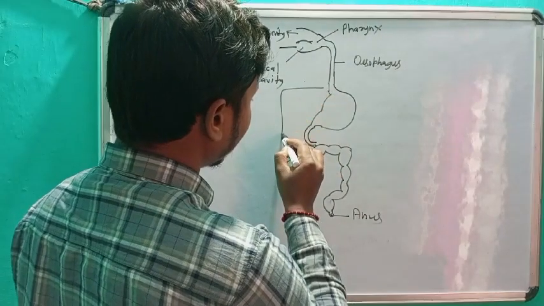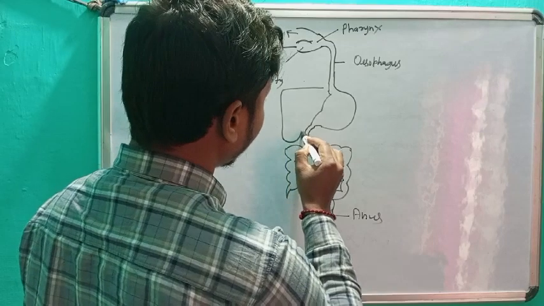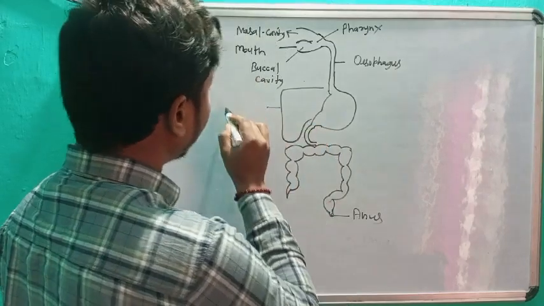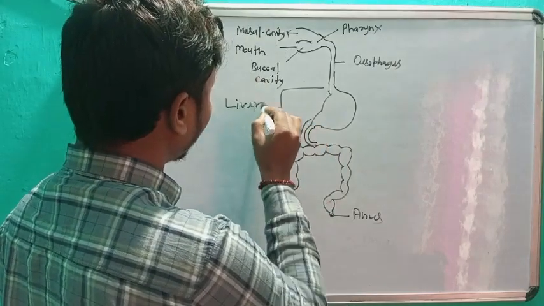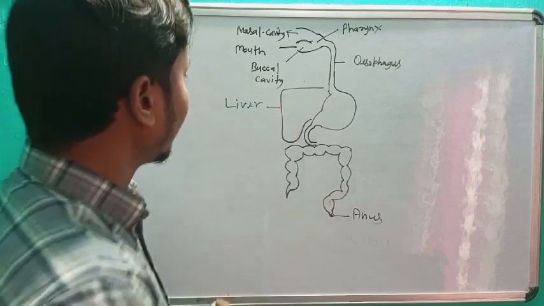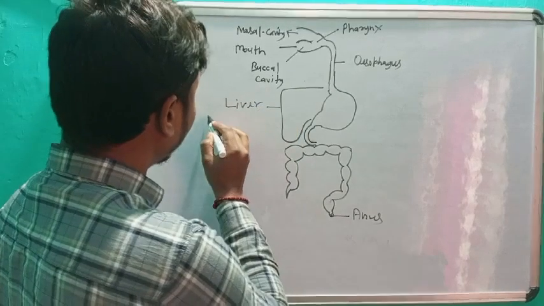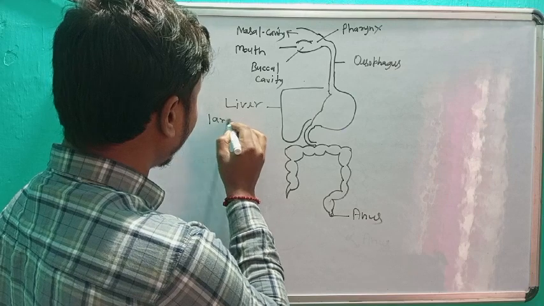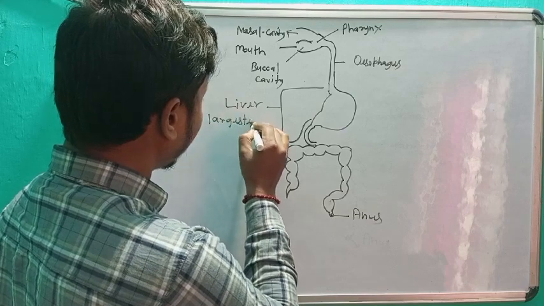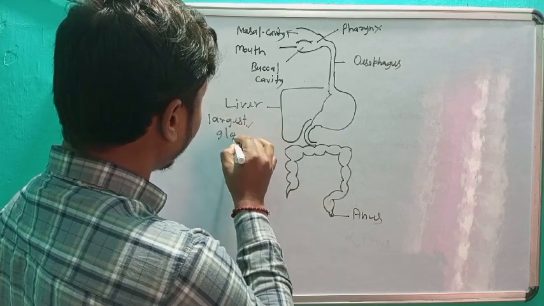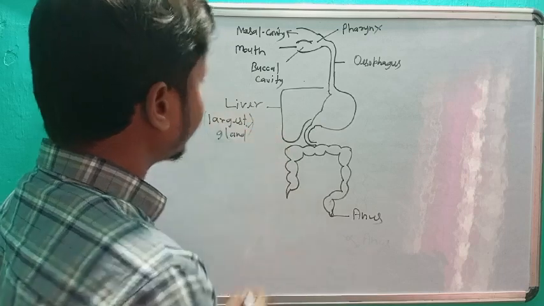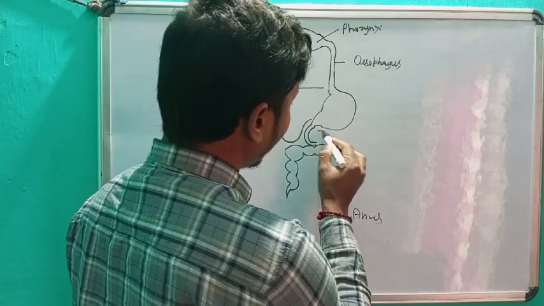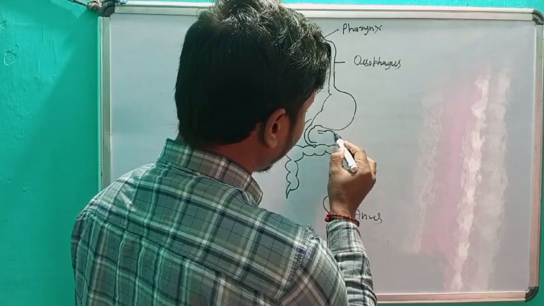Near the larger portion of the human digestive tract, the liver is present. It is the largest gland of our body. Below the stomach, there is a small leaf-like structure.